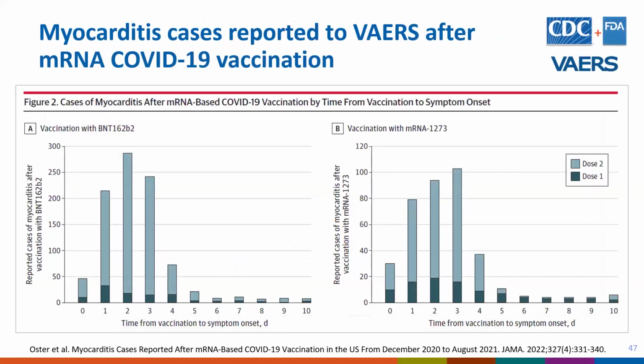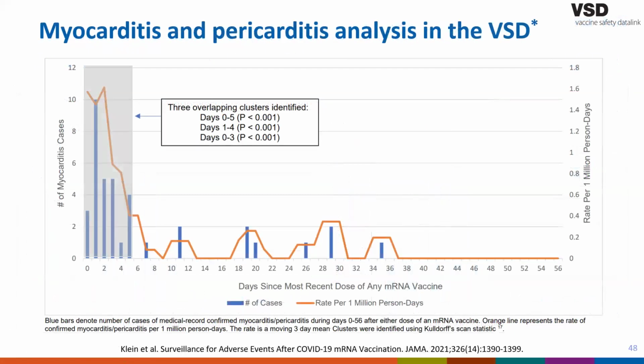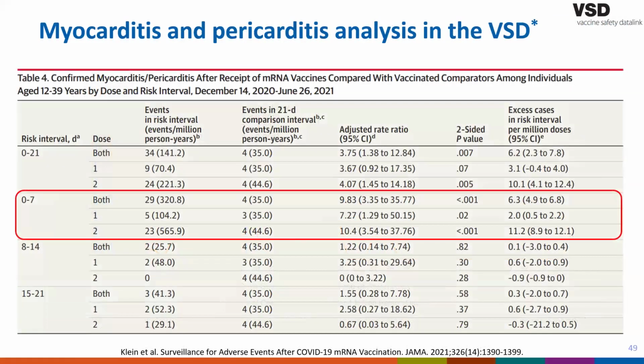So after seeing this, we had to go back to the VSD data, and we restricted the data to the age group that the VAERS data showed a signal in. And sure enough, we did see this spike in the same time period. Then we conducted an analysis limited to that age group in a shorter risk interval, and we saw a very high relative risk.